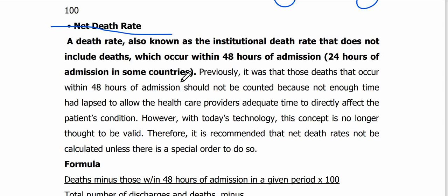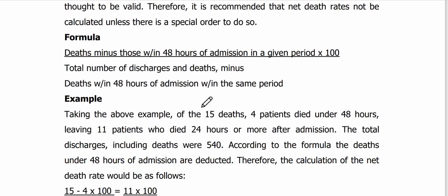A death within 48 hours of admission should not be counted because not enough time had elapsed to allow healthcare providers adequate time to directly affect a patient's condition. However, with today's technology, this concept is no longer thought to be valid. Therefore, it is recommended that net death rates not be calculated unless there is a special order to do so. If there is need for that, you can use the formula.